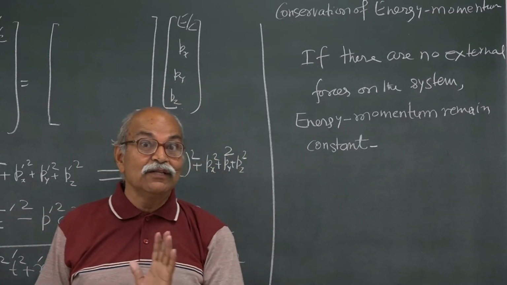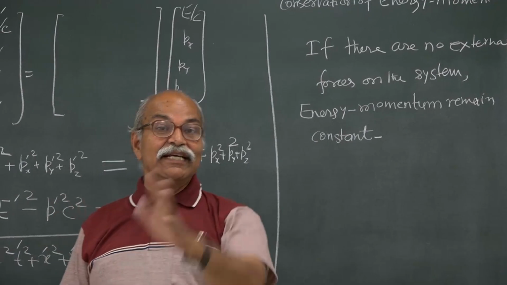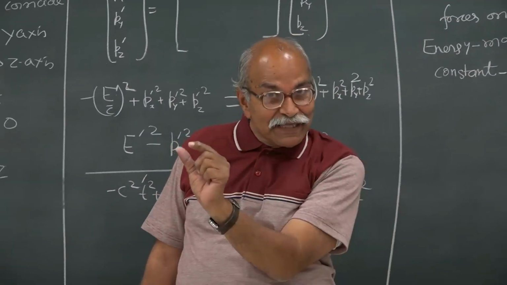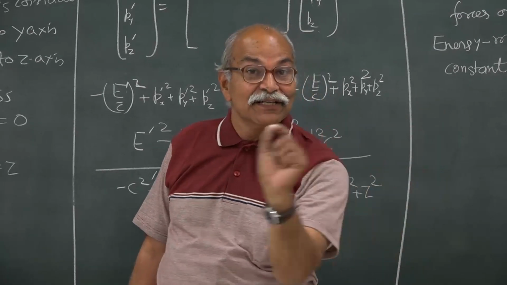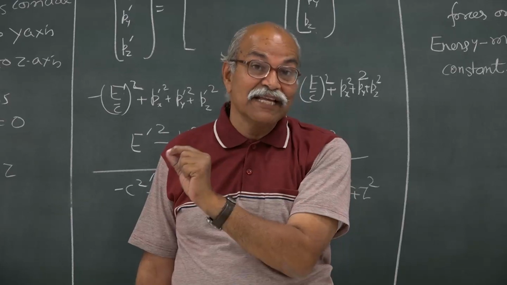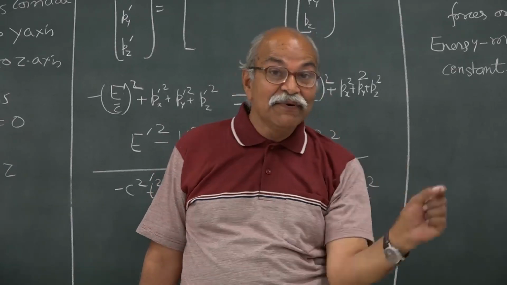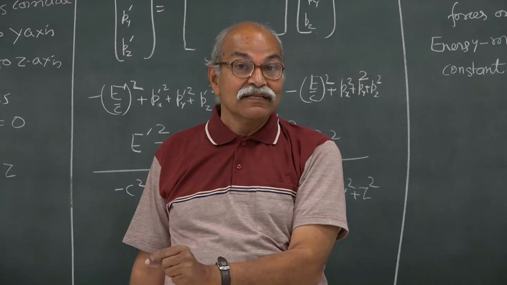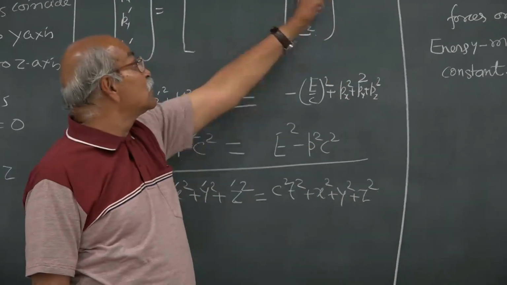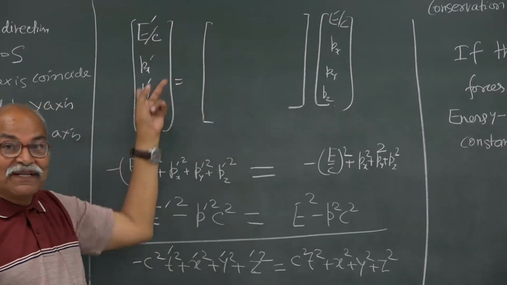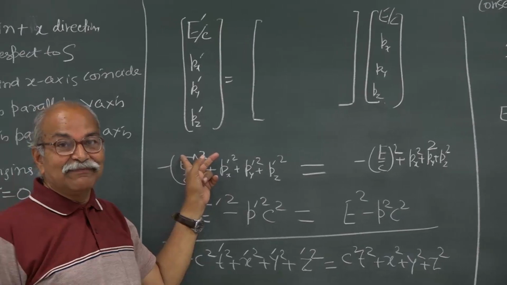In usual Newtonian mechanics, when I say linear momentum is conserved, I mean that px is separately conserved: the x component of the momentum remains constant as a function of time. The y component py remains constant, Pz remains constant, and also this E remains constant in time.